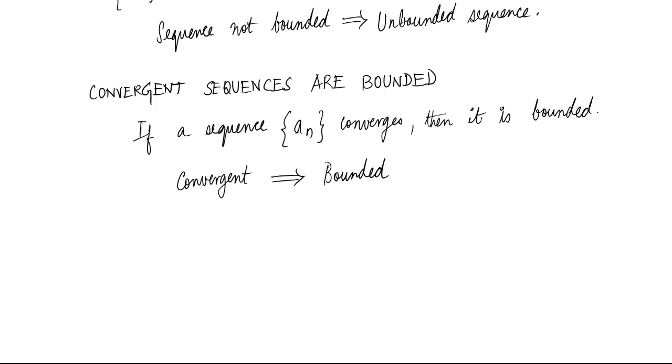If a sequence a_n converges, then it is bounded. If it's convergent, it automatically implies that it's bounded, right? That's what this theorem says. However, the reverse is not true. If the sequence is bounded, it does not mean it's convergent. Sounds a little off. Let me write this now. Bounded does not imply, so I slash it off, does not imply that it's a convergent series.